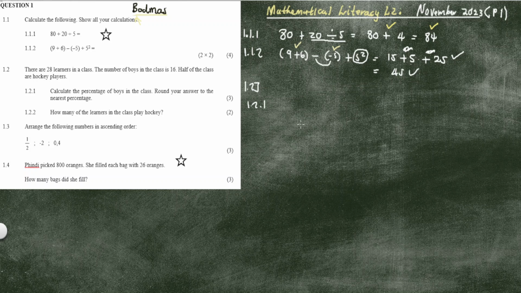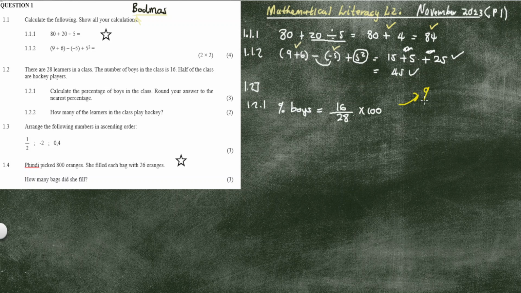Now, how many boys do we have? We want to calculate the percentage of boys. According to the question, we have 16 boys divided by 28, multiplied by 100. So how do we calculate the percentage?